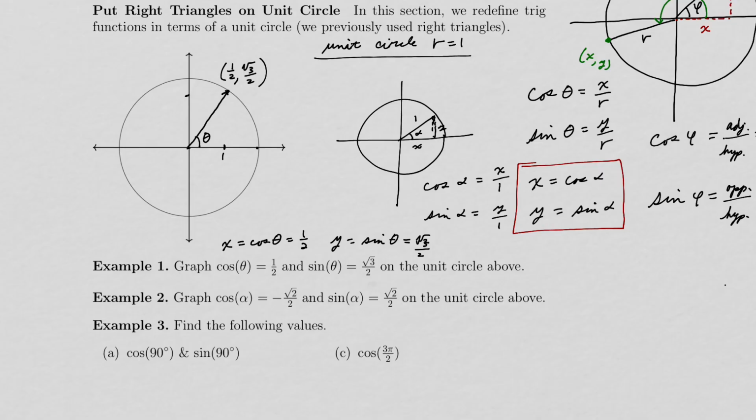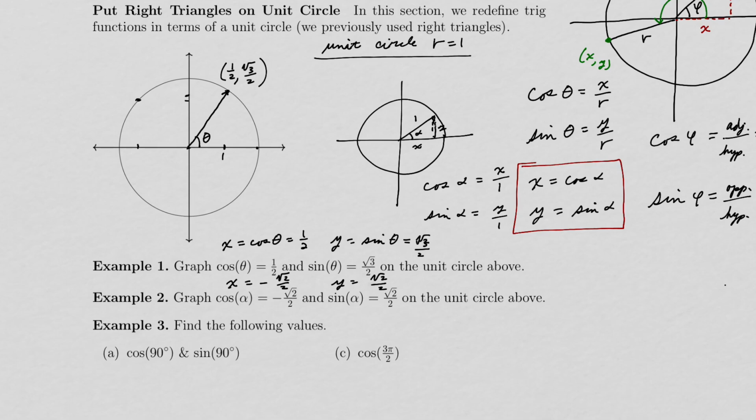All right, what about the second example there? Graph cosine of alpha equals negative radical 2 over 2, and sine of alpha equals positive radical 2 over 2. Again, because this is a unit circle, this tells us that the x is equal to cosine alpha, so x is equal to negative radical 2 over 2, and the y is equal to sine of alpha, that's going to be positive radical 2 over 2. So if I plot those, they're pretty much right here and maybe here.